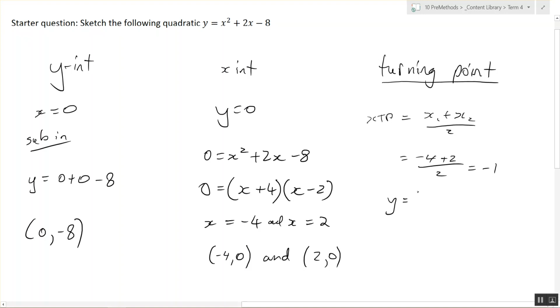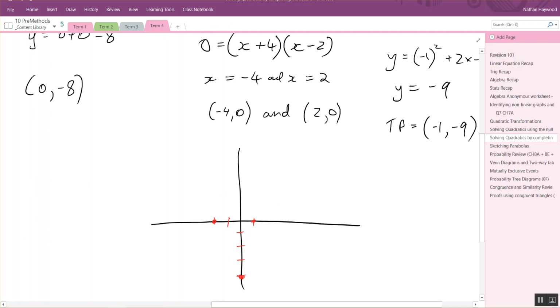So wherever we see an x, we put a negative 1. The final turning point is negative 1, negative 9. Okay? We've got negative 1, negative 9.